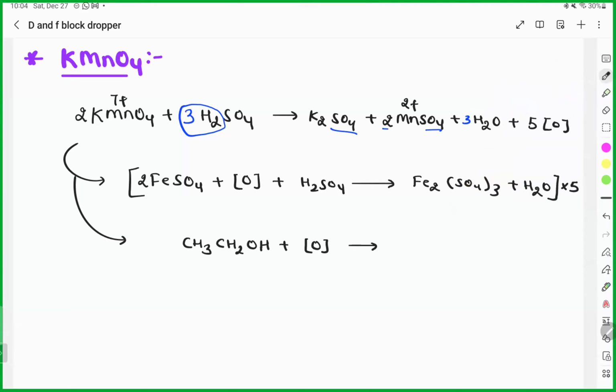Aldehyde, acid, acetic acid. Any doubt? Oxidation of alcohol is aldehyde, multiply with 5. Why? You have to balance 5 oxygen. Any doubt?